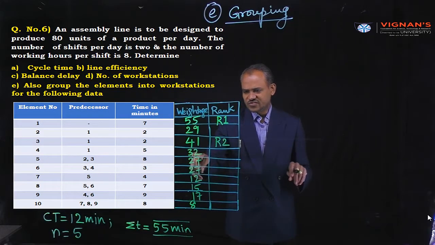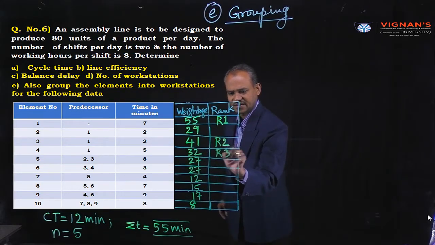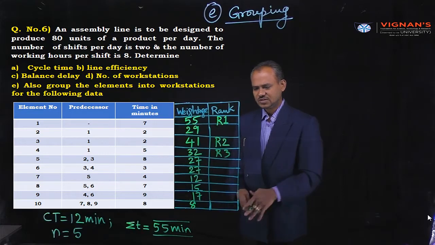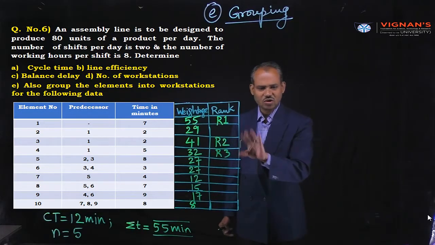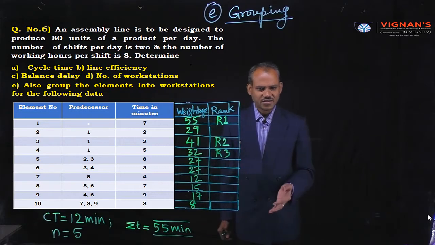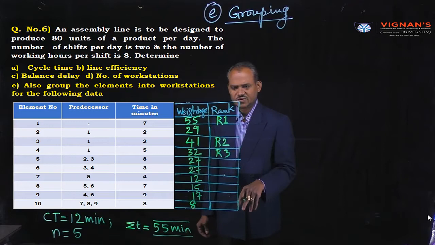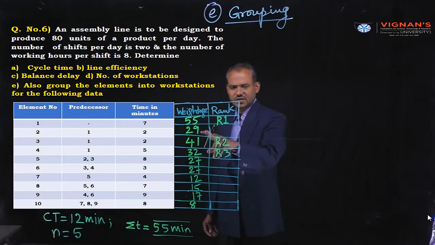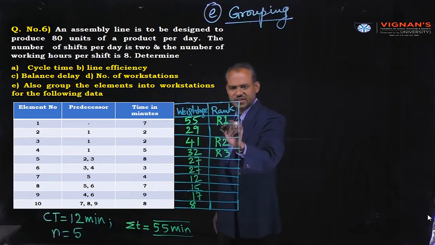Next highest is 32, rank 3. Similarly you can assign ranks to all the remaining work elements. Rank 3 is over, 32 weightage. Next highest is 29, so the next rank is rank 4, R4.